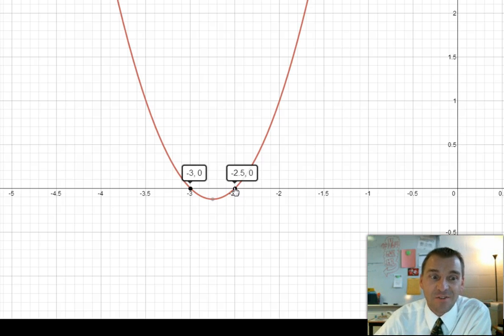So when it says find the zeros, that's what it means. Where y is 0, this is crossing at -2.5 for x and -3 for x. That's exactly what it's showing you. So zeros just means that's where the parabola crosses the x-axis. I hope you write that down. That's important.